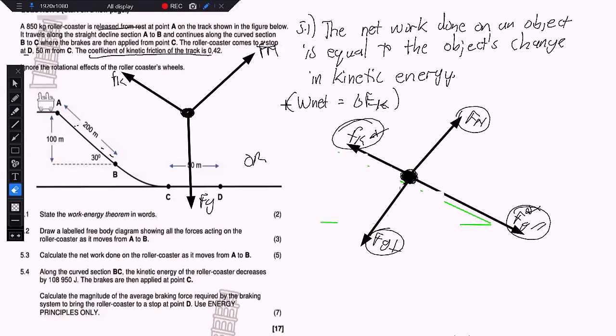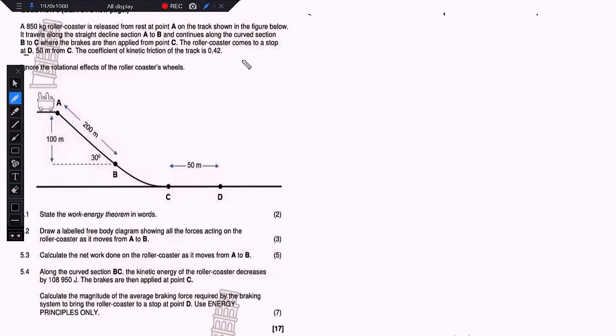So, okay. For our W net, this is what we want to have. W net will be equal to work done by Fg parallel plus work done by Fk. But then we said that Fg parallel is sliding down the incline. And if this is moving down here, this is in the direction of the displacement, so it's 0 degrees.